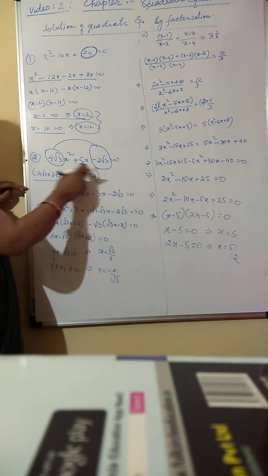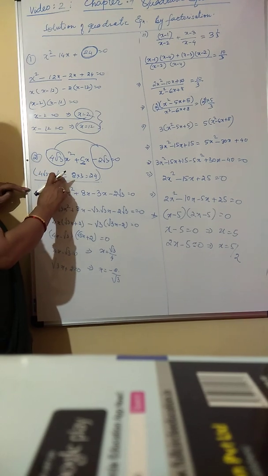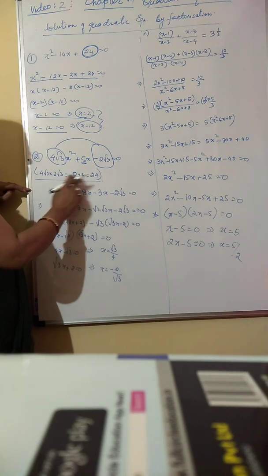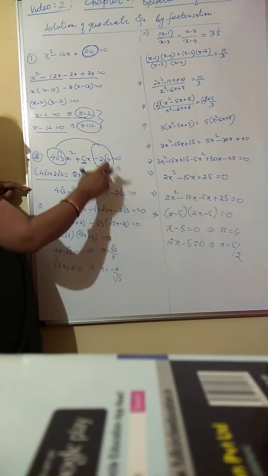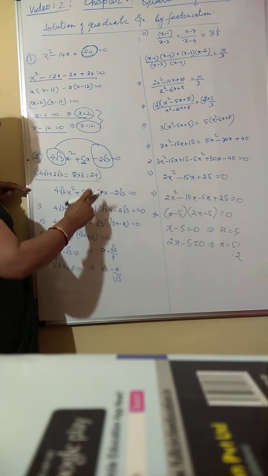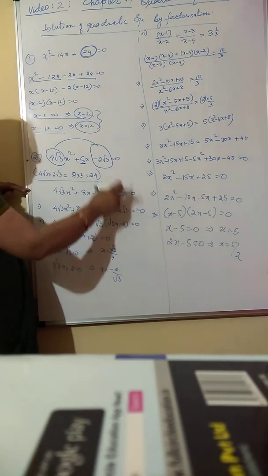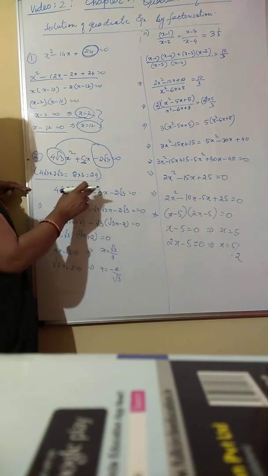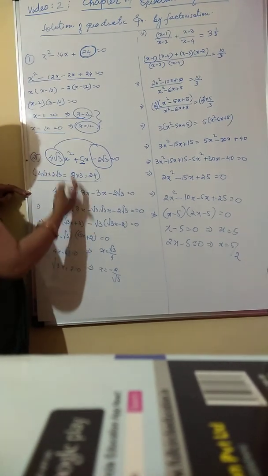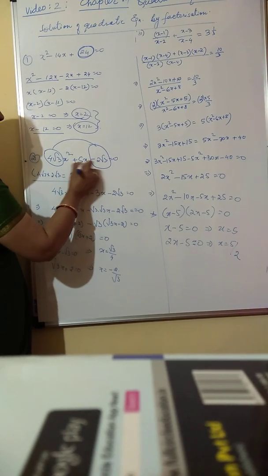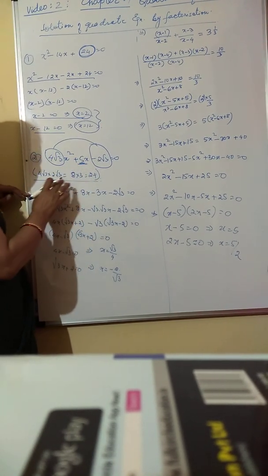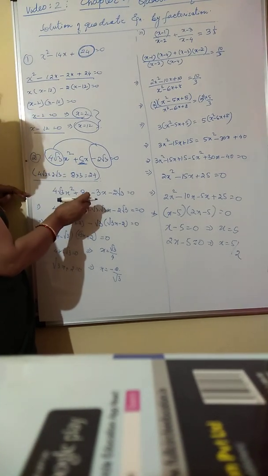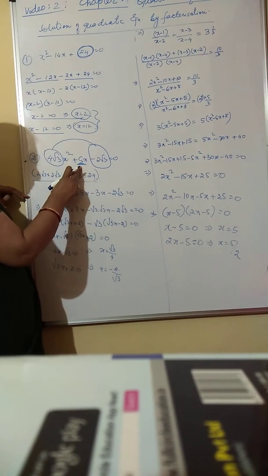Now for your sake, I have multiplied here 4 root 3 into 2 root 3. So 4 into 2 is 8, root 3 into root 3 is 3, which gives the product 24. So that means the product of the coefficient of x square and the constant term is 24 only. Now I have to split the middle term in such a way that my product comes as 24 and the sum comes as 5.